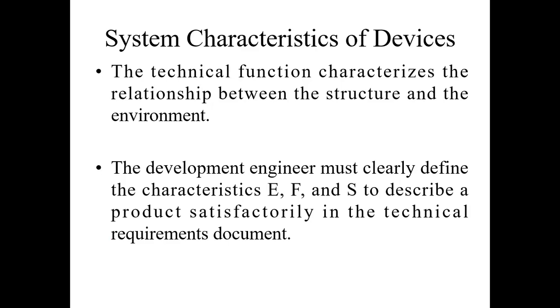Function depends upon environment and structure. As a development engineer, you must clearly define the characteristics E, F, and S to describe the product satisfactorily in the technical requirement document. So when you are writing the document, you should define these three terms clearly.